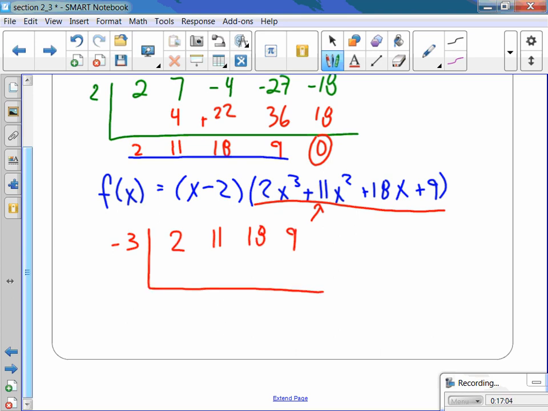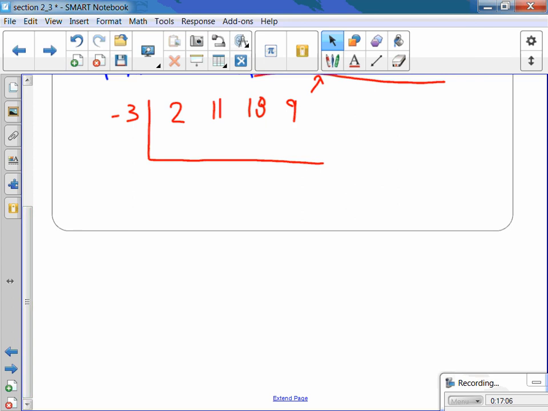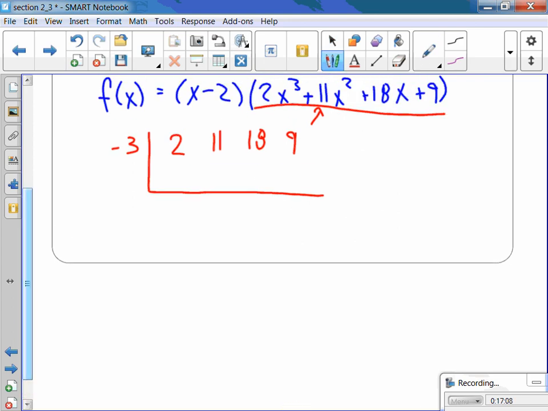Dropping down the leading coefficient, 2 times negative 3, negative 6, giving us a 5, times negative 3, negative 15. Adding, we get the 3. 3 times negative 3, negative 9, ending up with a remainder of 0. So now we have our f of x equal to that first factor of x minus 2.